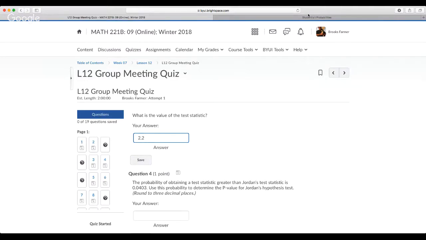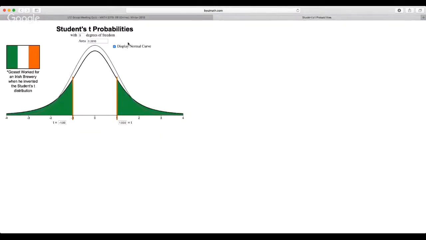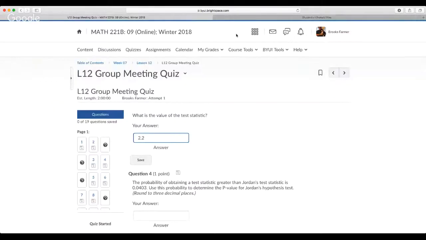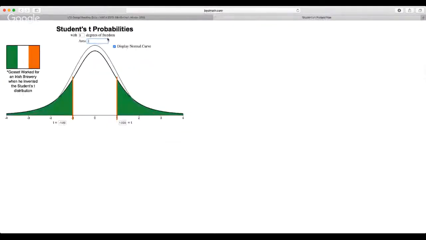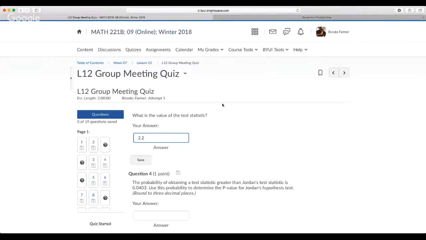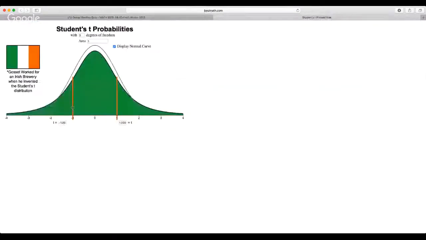Yeah, I think so. I think we'd use the t probabilities, right? Yeah, that's what I'm thinking. And we'd put it in. Which one? So it's the greater than. So is it everything other than that? What's the probability? So I think it's going to go in as the t value, isn't it? No. Is it the probability area?